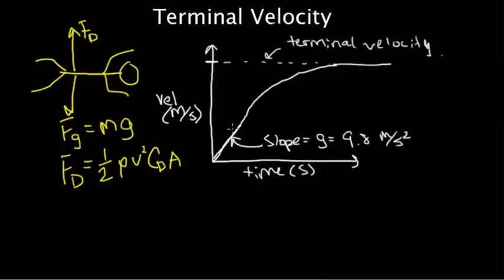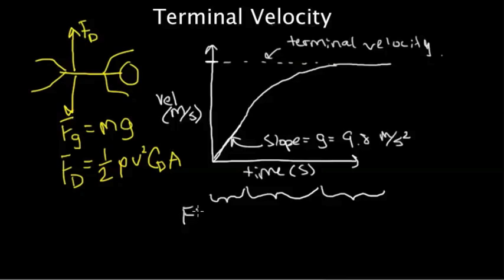If we looked at each of these three sections that we just mapped out, we have a short one at the beginning, we have this middle one, and then we have the end. In this short one at the beginning, the force of gravity is actually much larger than the drag force. So we do a double greater than sign to show that the force of gravity is orders of magnitude larger than the drag force.